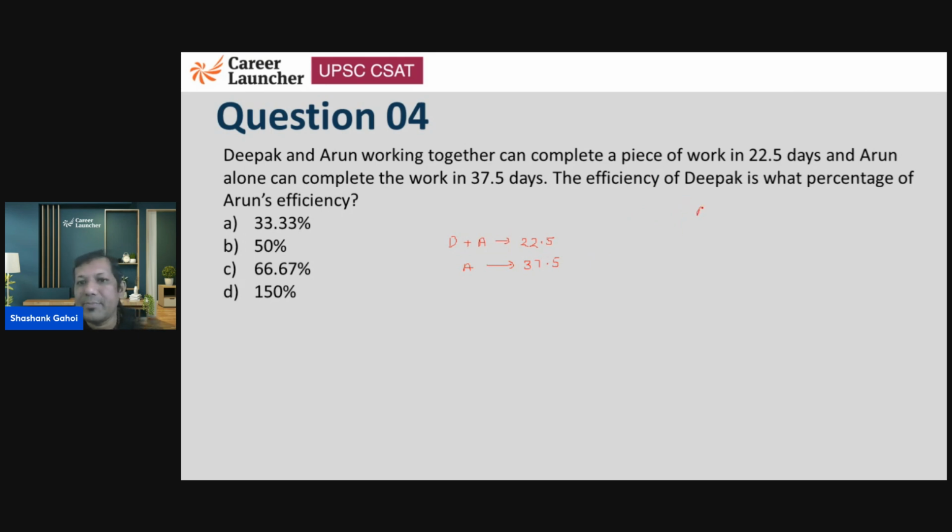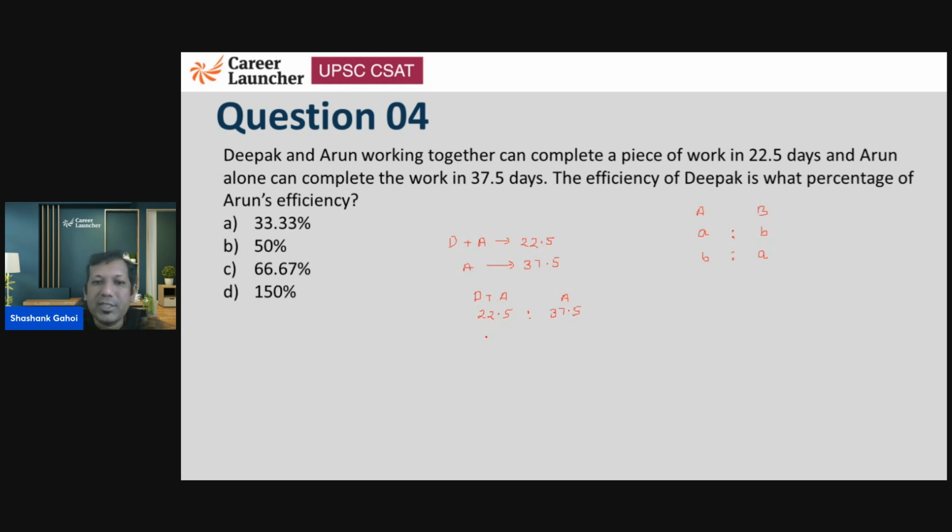If there is a person A and another person B, A finishes the job in A days, B finishes the job in B days. So the ratio of time is A to B. What is the ratio of efficiency? That is going to be the reciprocal, in the ratio of B to A. So if Deepak and Arun finish the job in 22.5 days, and Arun alone finishes the job in 37.5 days, the ratio of time is this.